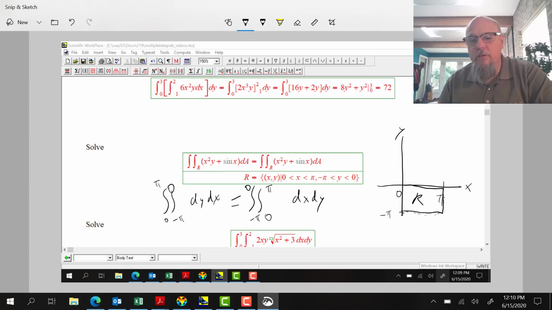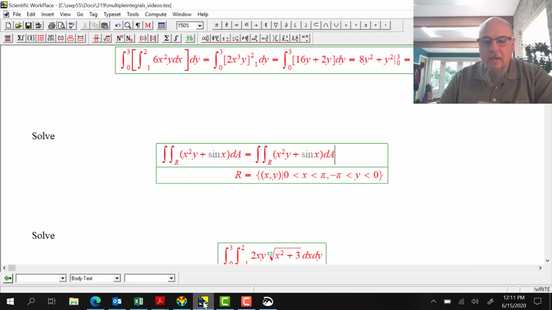So why would I pick one over the other? Well, sometimes the integration is easier one way over the other. Let's look at our expression. Could I integrate this thing with respect to y first? Yeah, that'd be add one to the exponent, divided by what's up top.